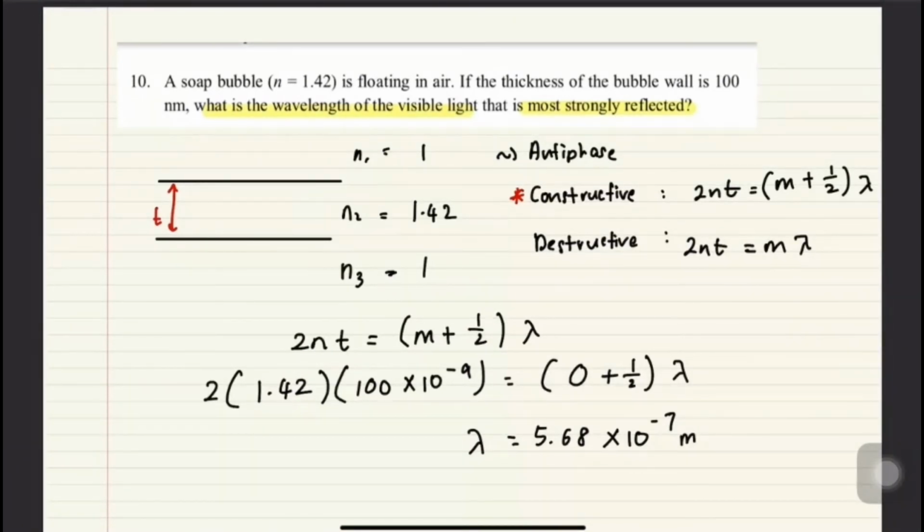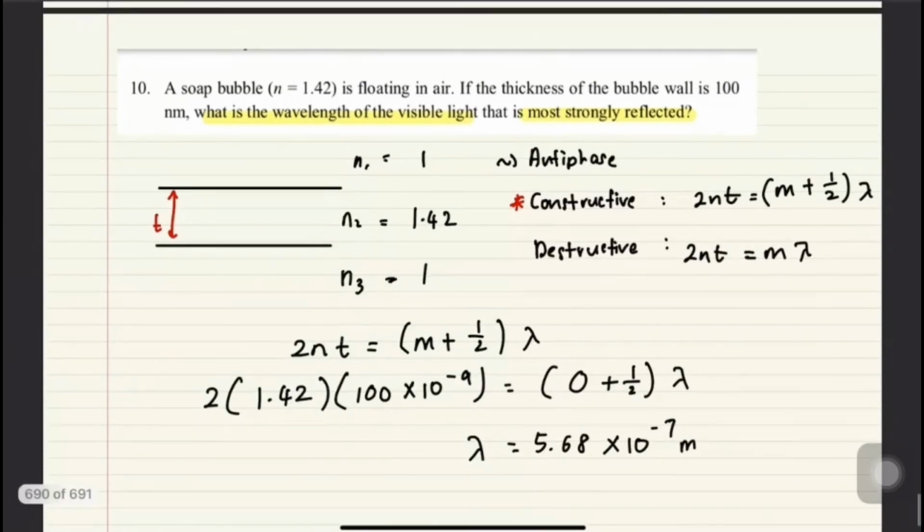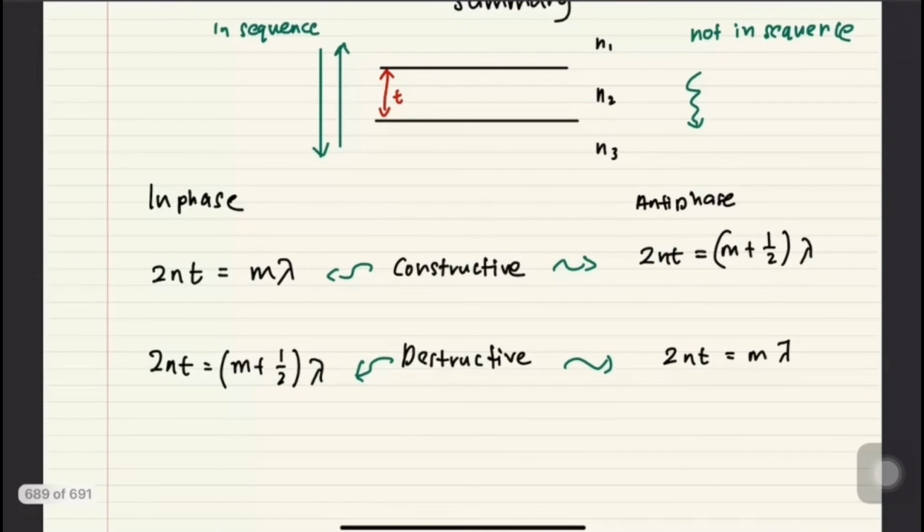So the one I said earlier, that m cannot be zero, it depends. You have to refer to the equation. If it is m plus half, the minimum number you can substitute is 0. If it is m, you cannot substitute 0, because if you substitute m equals to 0, then this one becomes 0.